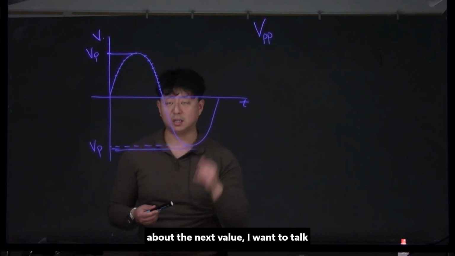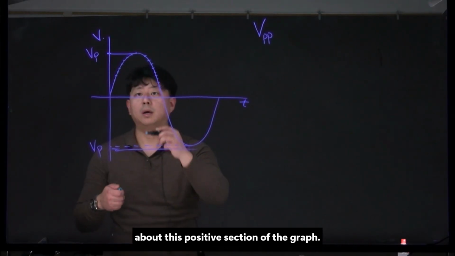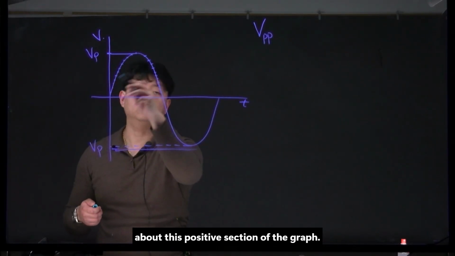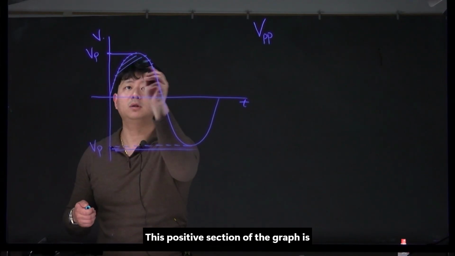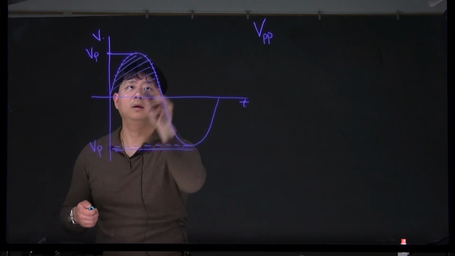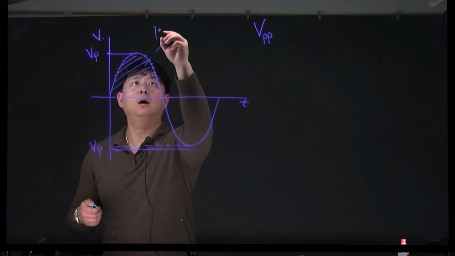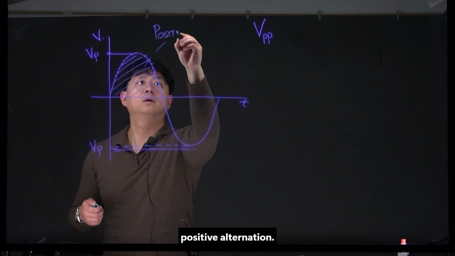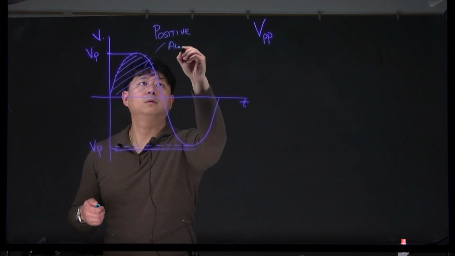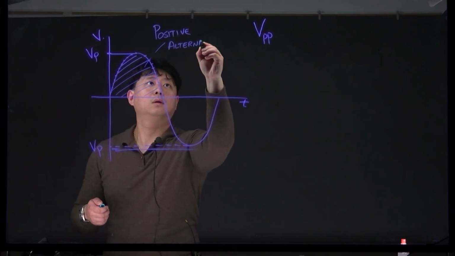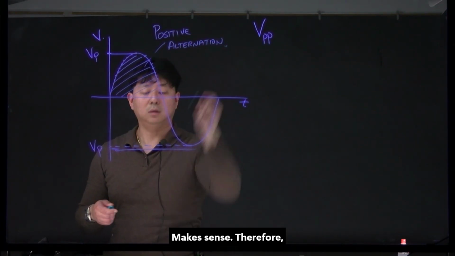Before I talk about the next value, I want to talk about this positive section of the graph. This positive section of the graph is called a positive alternation. Makes sense.